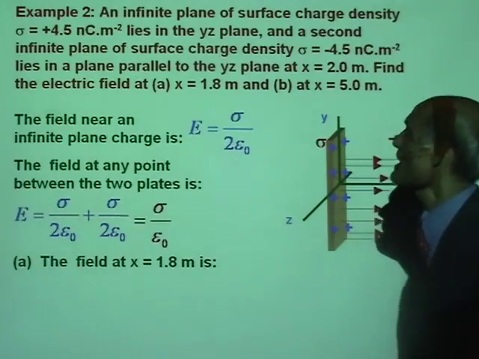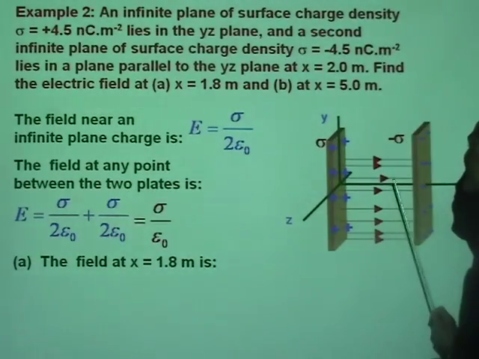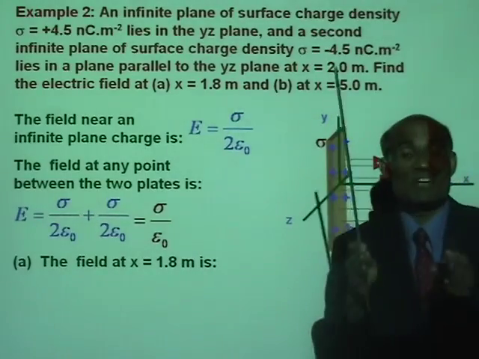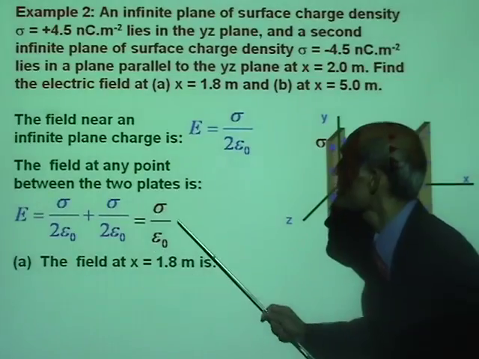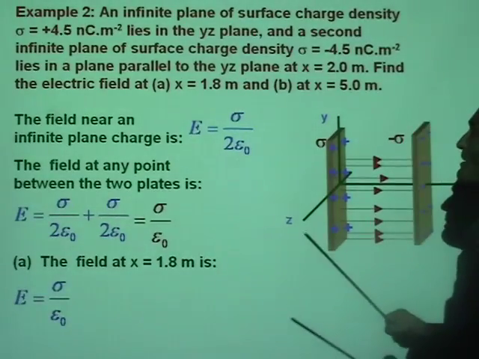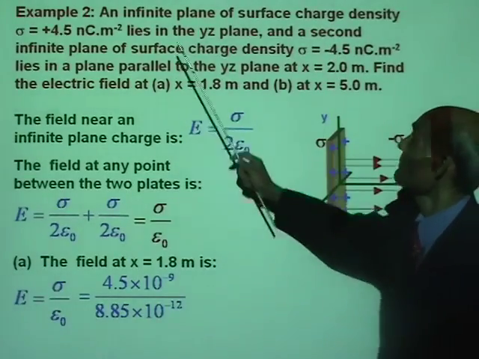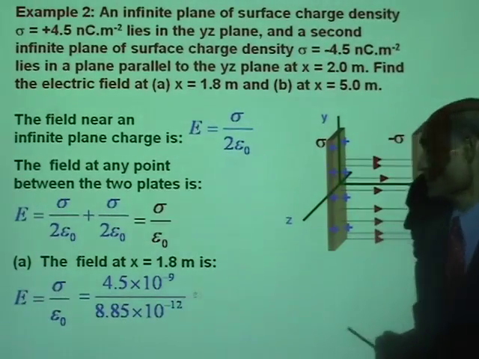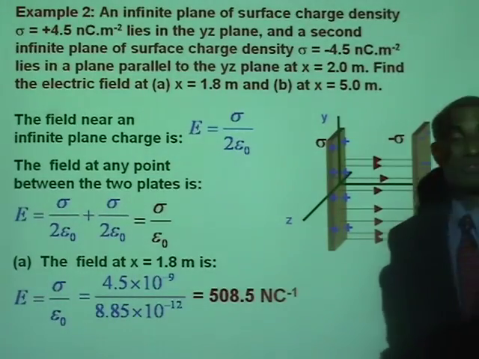Therefore, what is the field at x equal to 1.8 meter? X equal to 1.8 is a point inside the region between the two planes. Therefore, the field will be sigma over epsilon naught. And we know the values of both. Sigma we are given, epsilon naught we know, and that's equal to 508.5 Newton per coulomb.